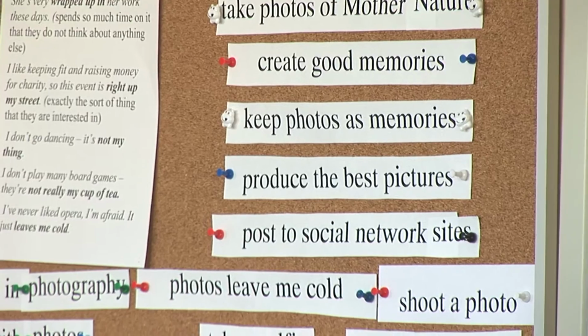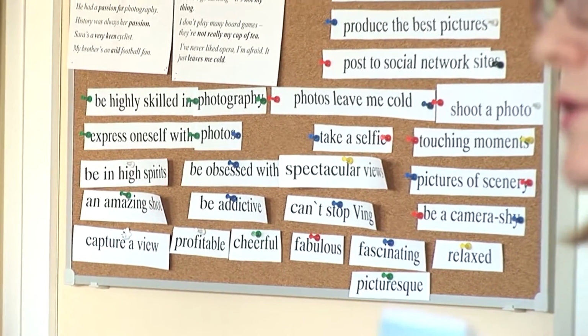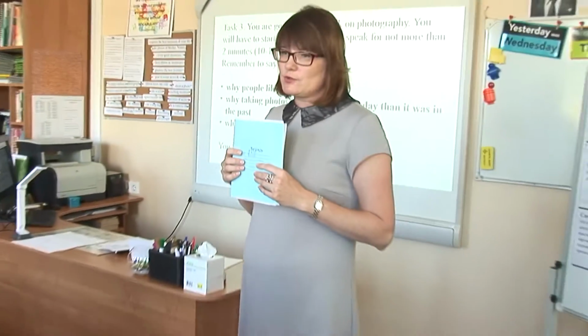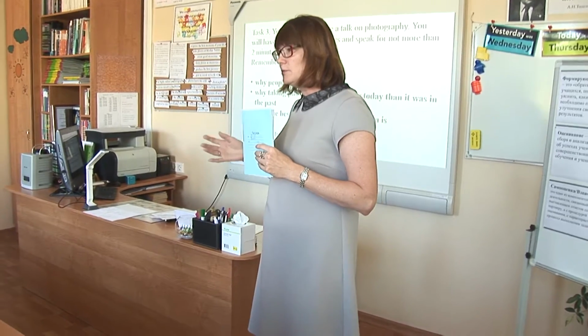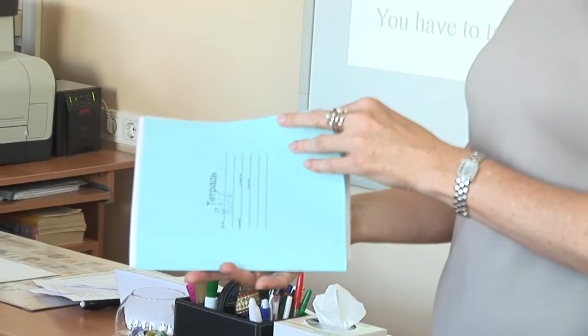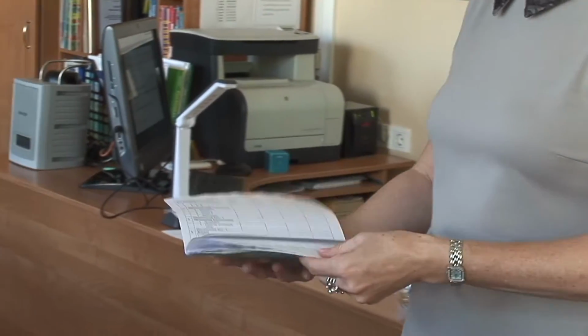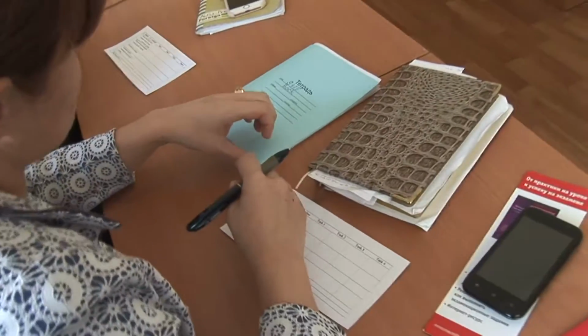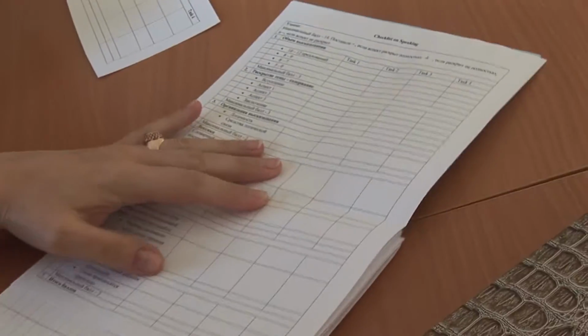Well, all my students also have so-called skill books. In Russian it is called методологическая тетрадка. But we decided to call it just a skill book because here we collect different strategies to help our students learn. So you may have a look at it. It is mine, but students also have the same, where they glue different important information organized in tables and different charts.